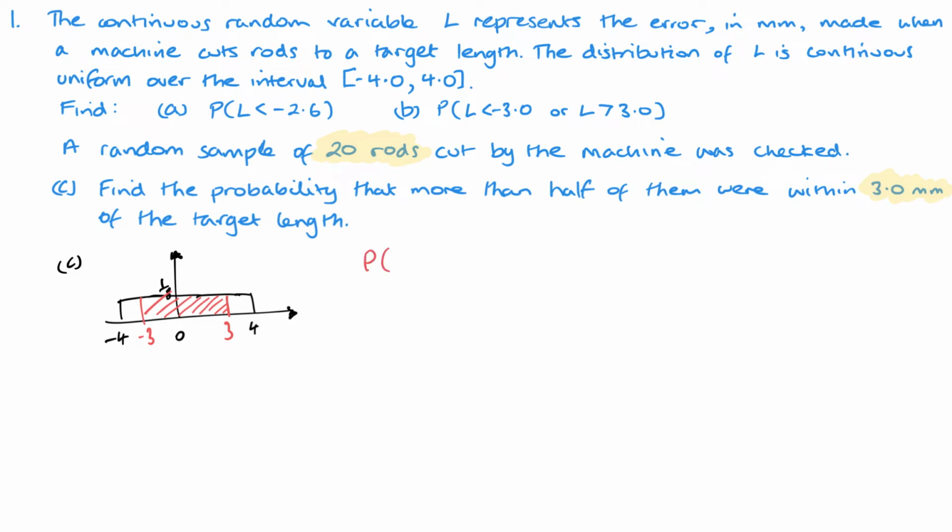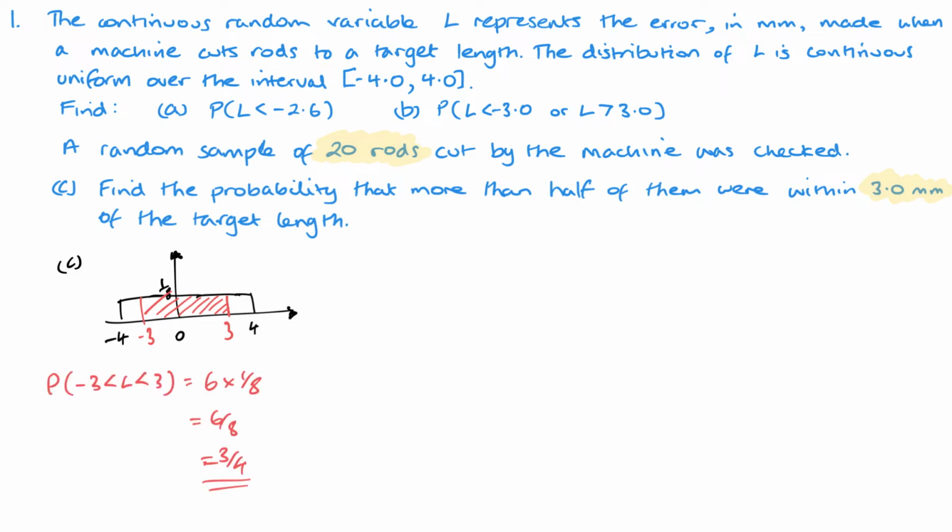So the probability that L is between plus or minus 3 is going to be this length here, which is 6, and the height 1/8. So 6 times 1/8, 6/8 or 3/4. So that's my first probability done.